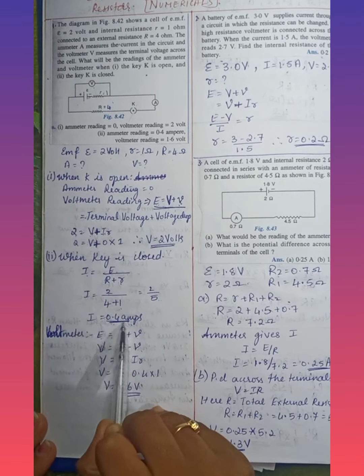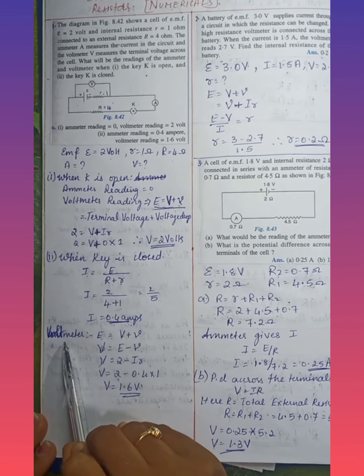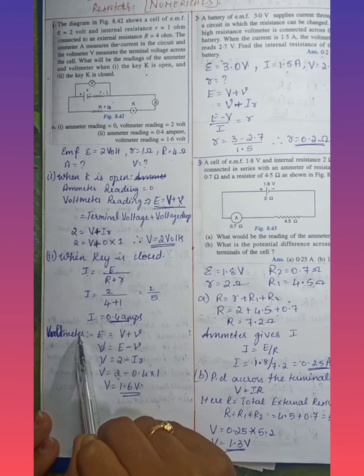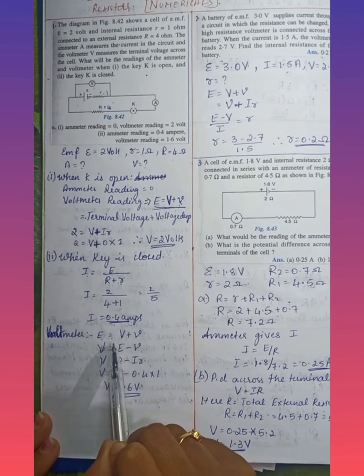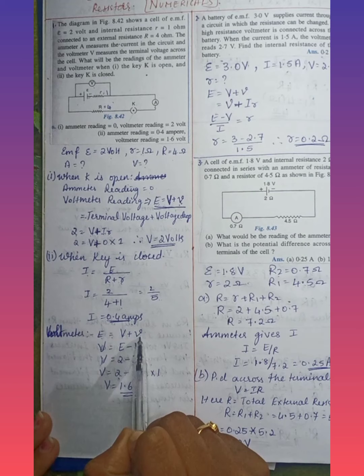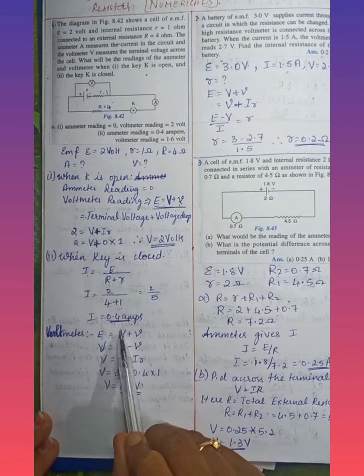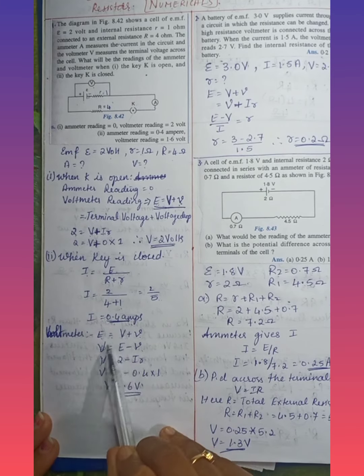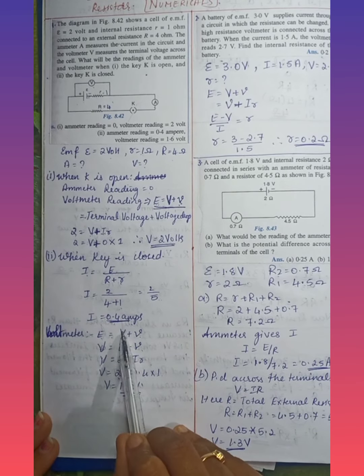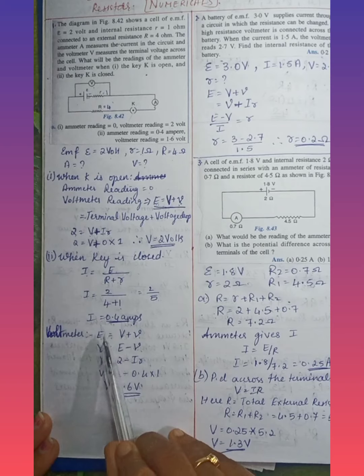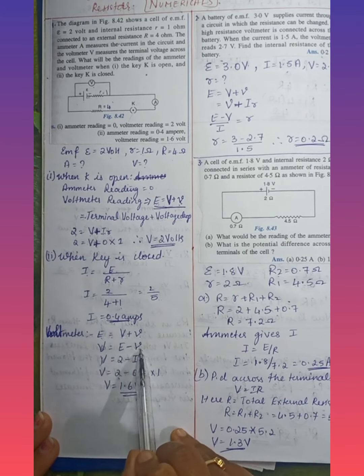Now this is your current reading. We also need to find the voltmeter reading. EMF is equal to terminal voltage plus the internal voltage drop. You need to find this capital V, so when you bring capital V to the LHS, you transpose all the other things to the RHS.